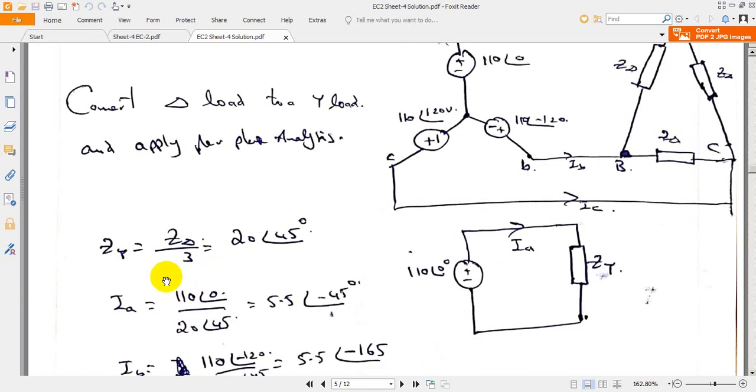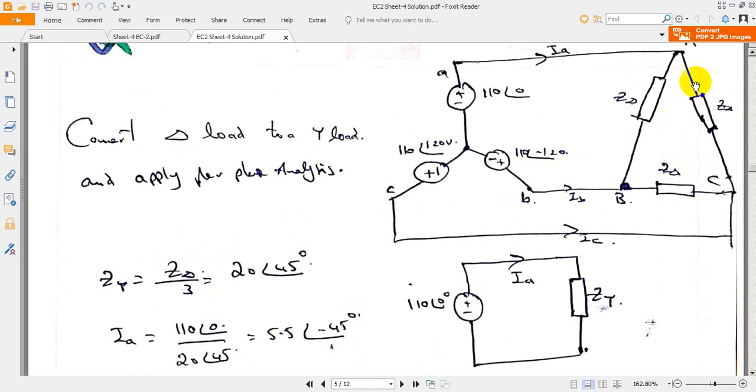So to evaluate, we convert this delta circuit into an equivalent ZY circuit, an equivalent circuit of a star form, and we write it as Z delta by 3. ZY is equal to Z delta by 3. So 20 at an angle of 45 degrees.